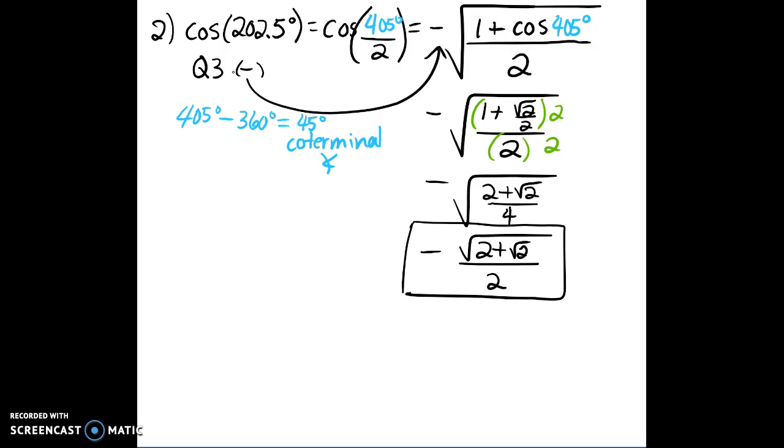And then there's one more identity we're going to use with this, and that's the tangent, but same procedure, just different trig function. Now, just like before, I would do quadrant, later on actually coterminal angle, so this is quadrant 3.